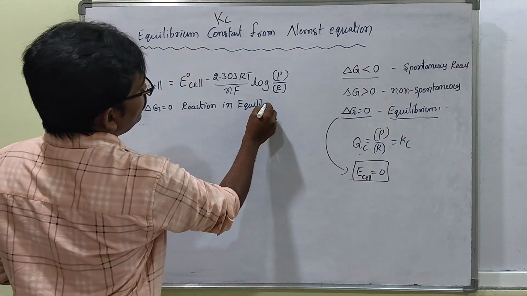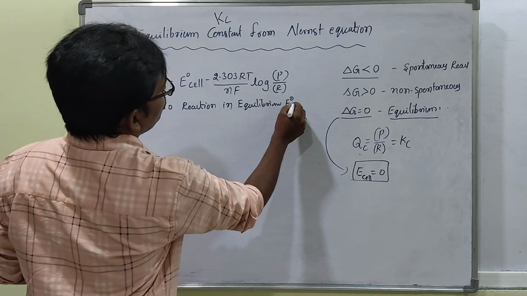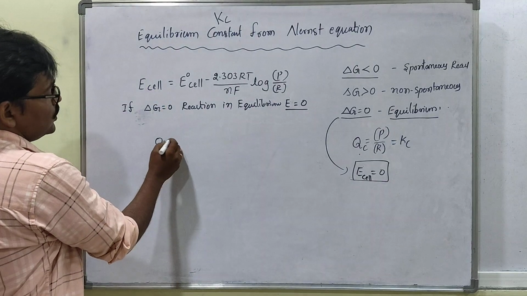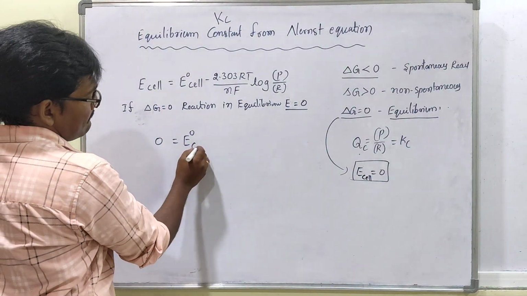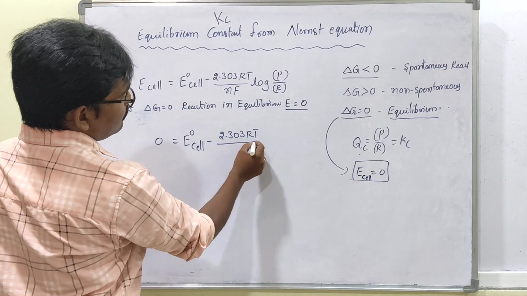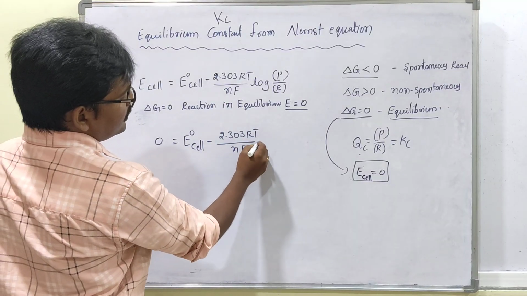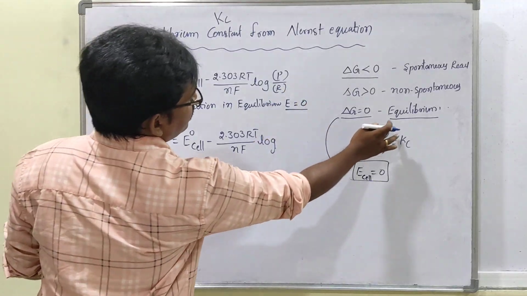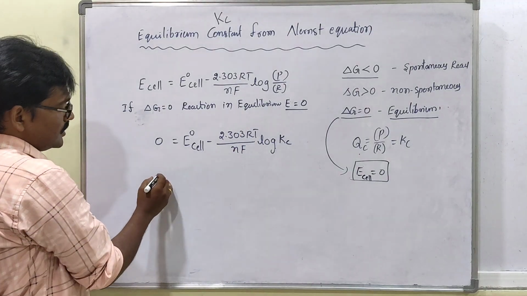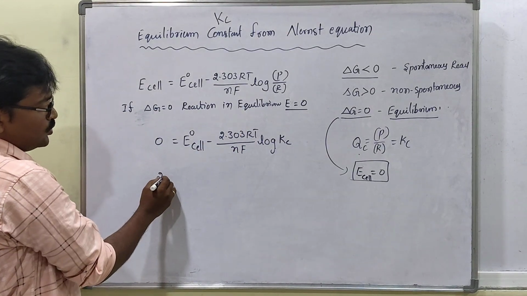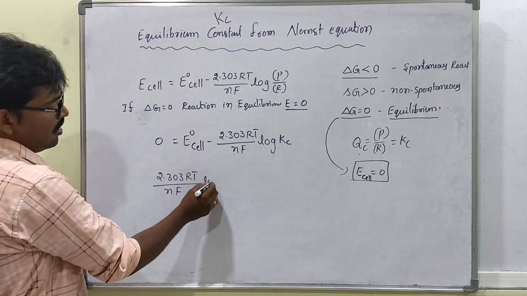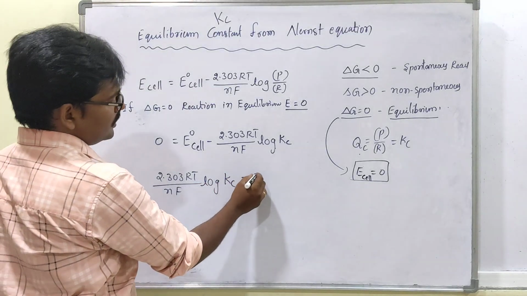So if it is in equilibrium, the E cell value becomes 0. So this value 0 is equal to E naught cell minus 2.303 RT divided by NF log, then I told product concentration divided by reactant concentration becomes Kc. So this total term on this side, the negative value becomes a positive value: 2.303 RT divided by NF log Kc is equal to E naught cell.